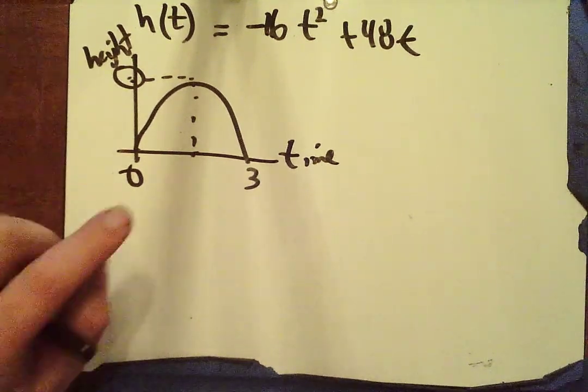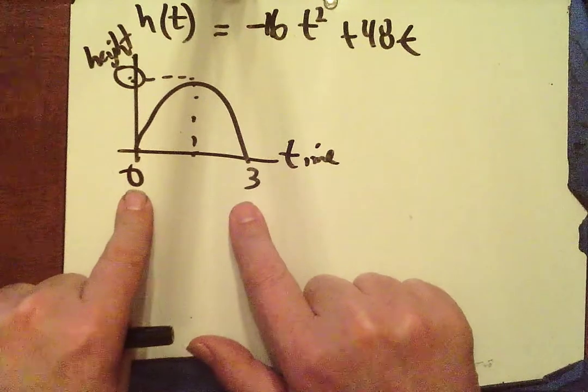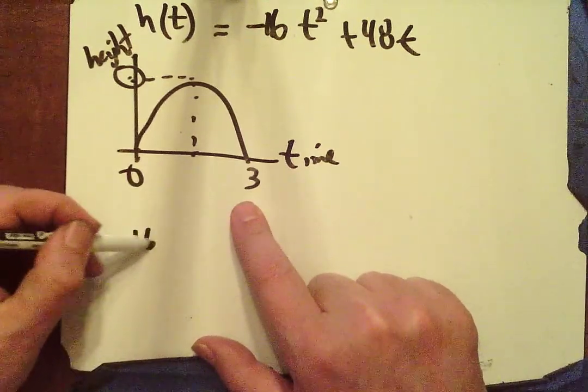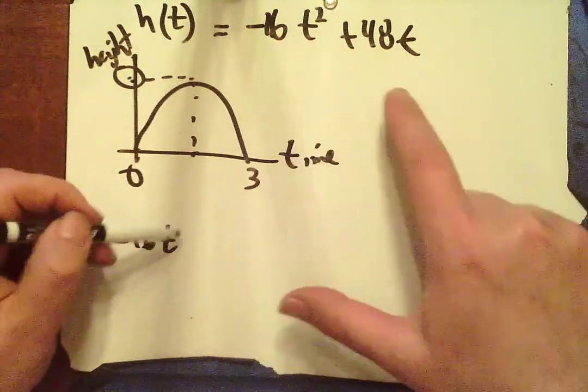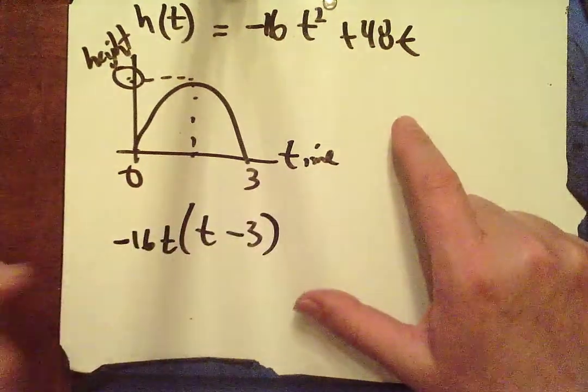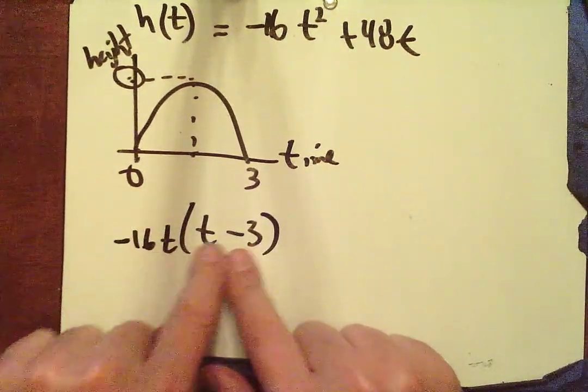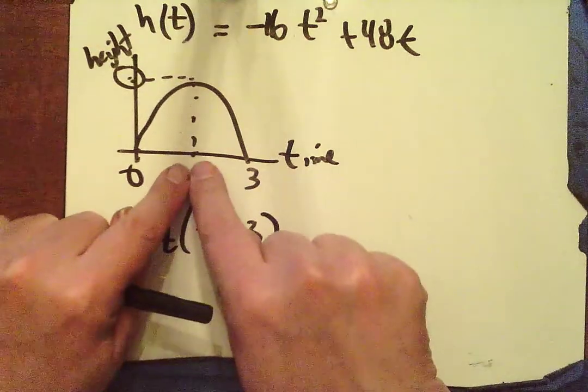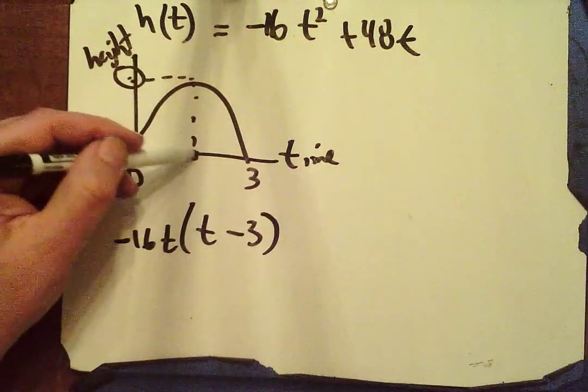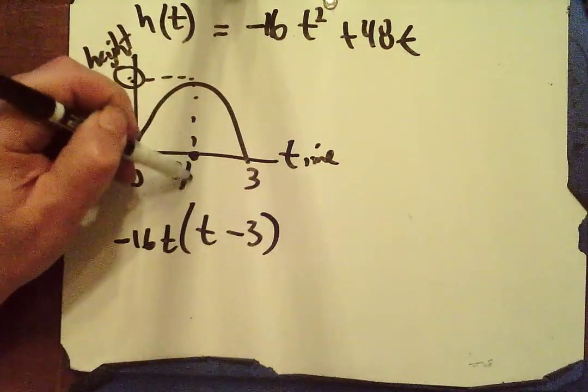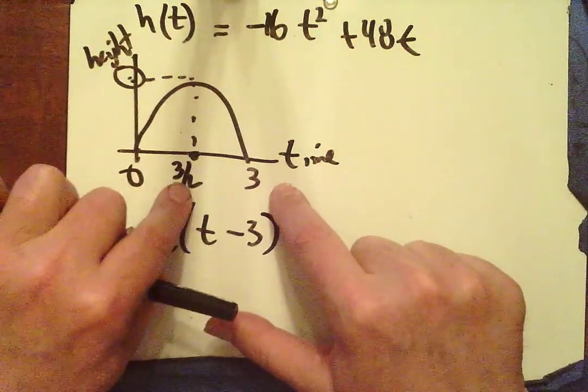Now, you'll notice that I jumped quickly to this picture, and the way I did that was I factored out a GCF here. And so I had intercepts at 0 and at 3. I know halfway between these two x-intercepts is 3 halves, 0 plus 3 divided by 2.